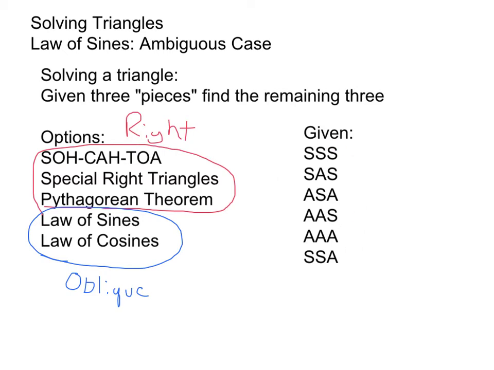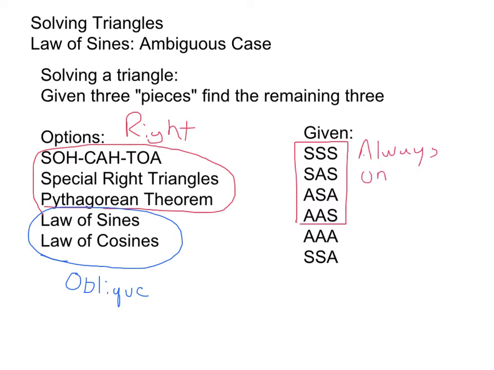And again, if we remember our geometry, only these first four are allowed to prove that two triangles are congruent. Meaning, given any of these four options of three pieces of given information, you will always get only one triangle.